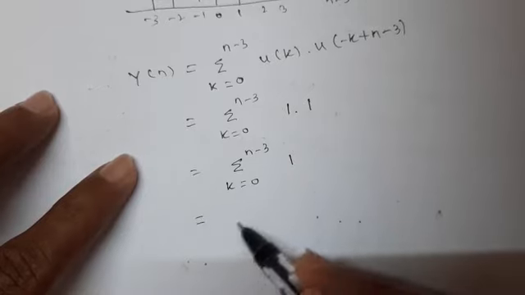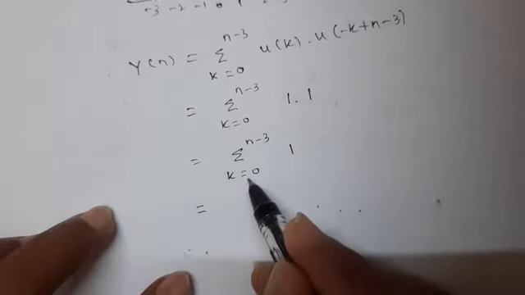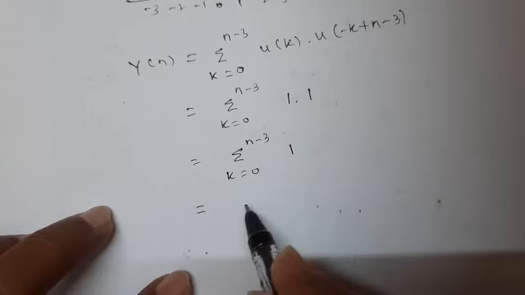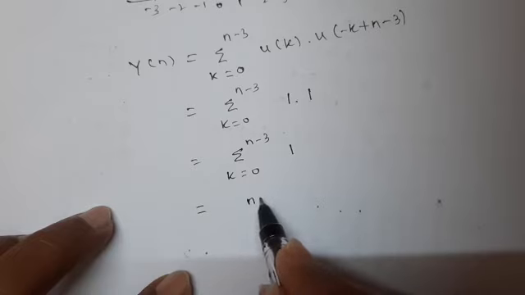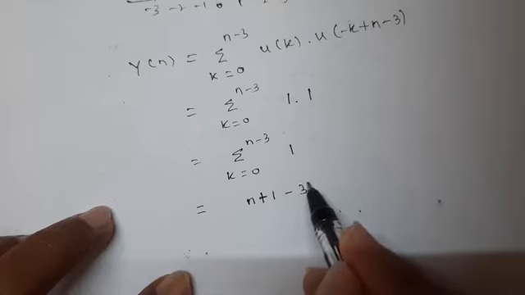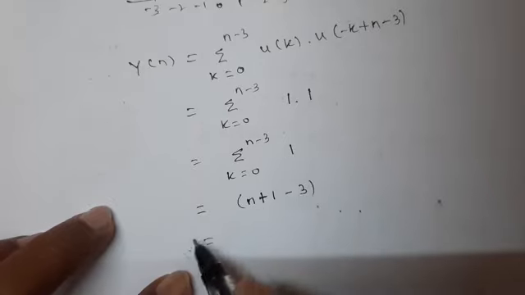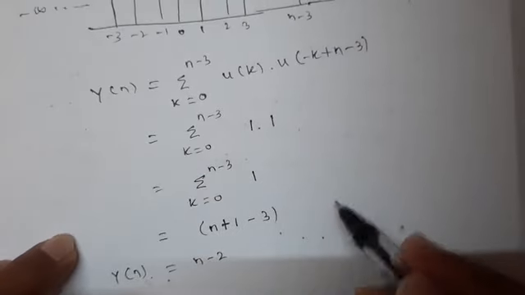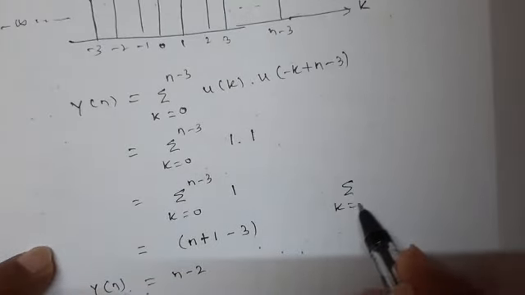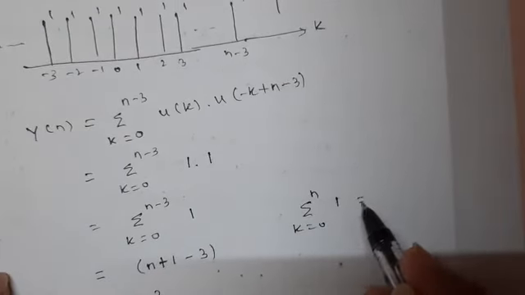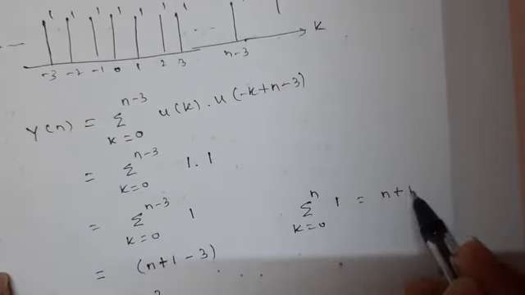So according to your summation formula, summation k equal to 0 to n minus 3, you can write it as n plus 1 minus 3, which is equal to n minus 2. Why? You have the formula summation k equal to 0 to n of 1, which is n plus 1.